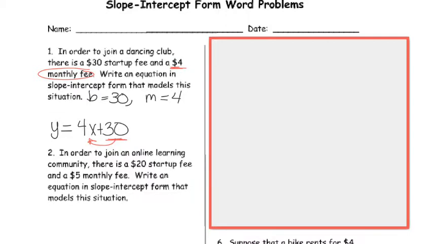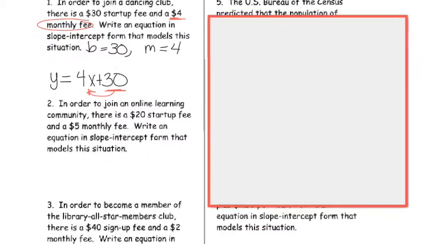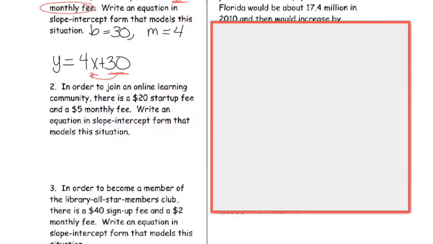Let's look at number 2 together. In order to join an online teaching community, there's a $20 startup fee and a $5 monthly fee. Can you pick up the fact that we have a startup fee and a monthly fee? My startup fee would be my y-intercept, which is 20. That's the initial amount, where I start.